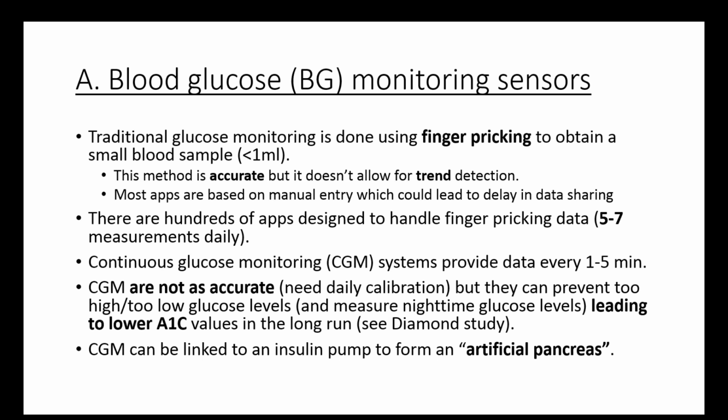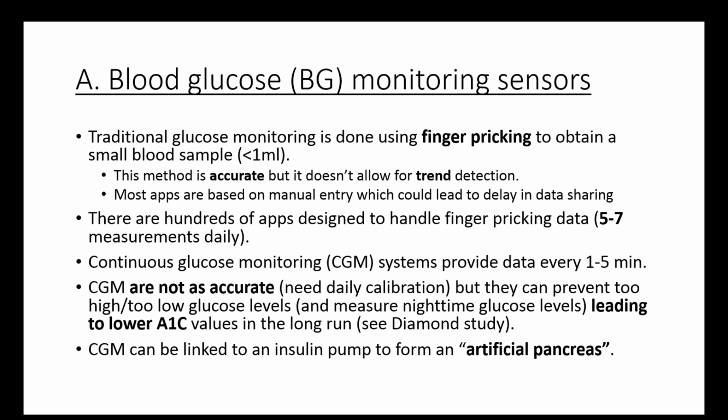The good part is that it's accurate because you actually get the blood. But you get only 5 to 7 measurements daily, so you cannot do any computation. You cannot do trend. You cannot say an imminent high or imminent low is coming up.